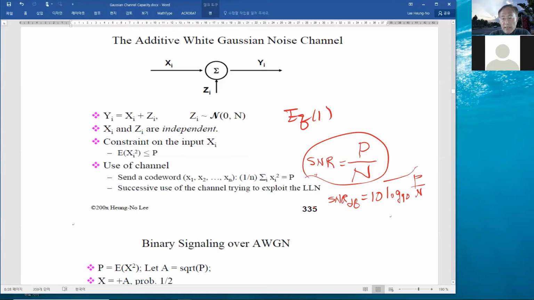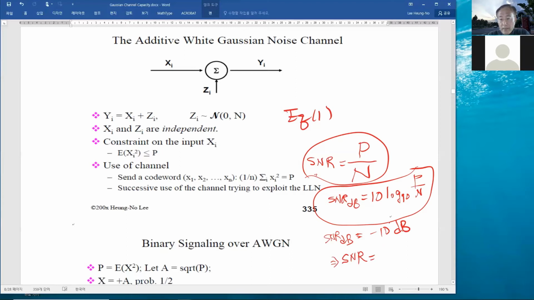When you say SNR in dB, it should be this. So let's say SNR in dB is negative 10 dB. What does that mean in terms of SNR?